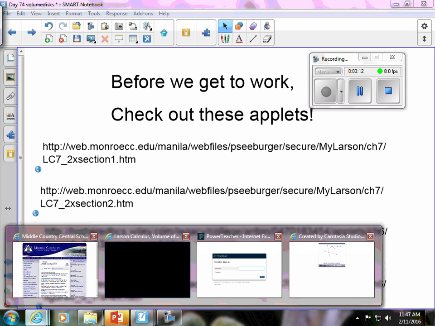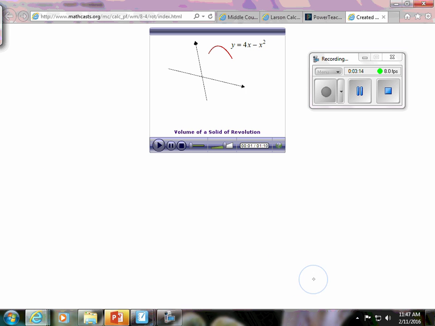So here's the idea. I don't know how to make this larger, so I'm sorry about that. We're going to start with a curve. We're actually going to start with an enclosed region. Let me pause this real fast. Okay, we're going to start with an enclosed region. You see that?